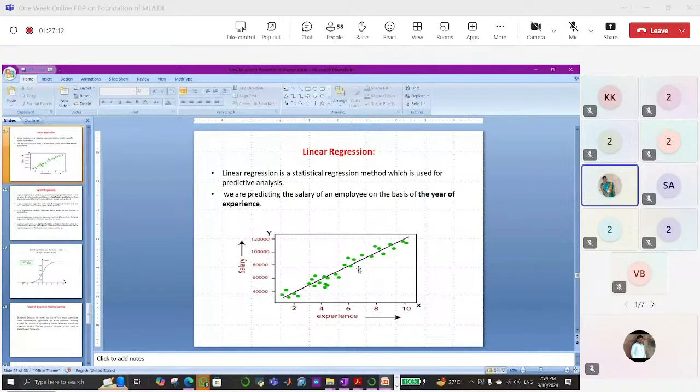This is the decision boundary or the linear regression line. Out of all these data points, this is the best fit line. If you consider all these data points, this is the best fit line.